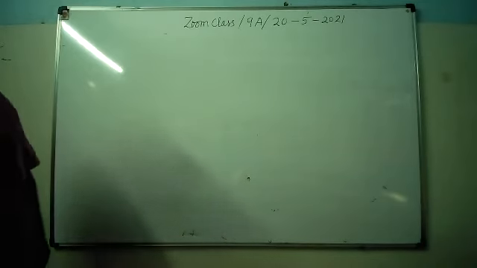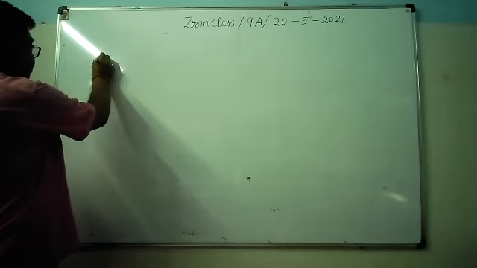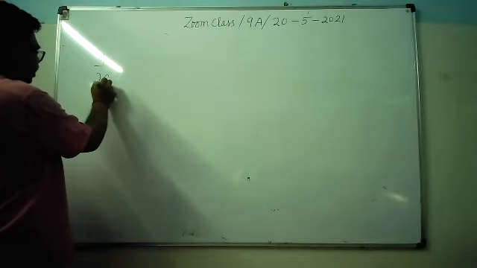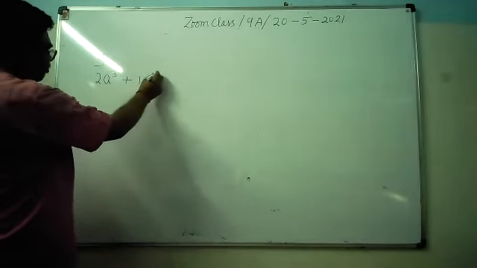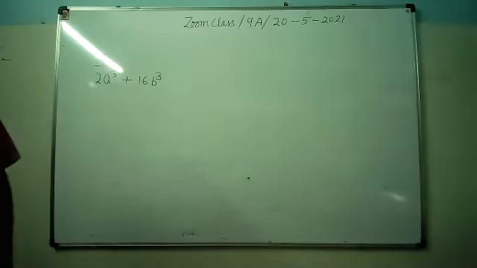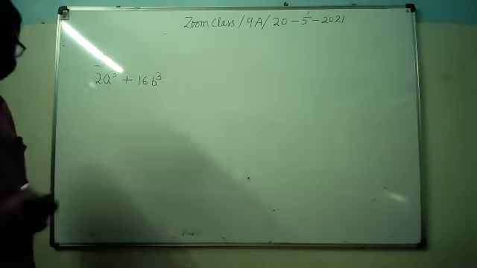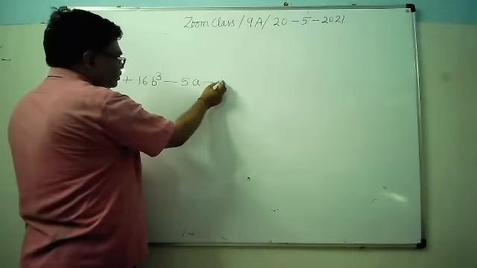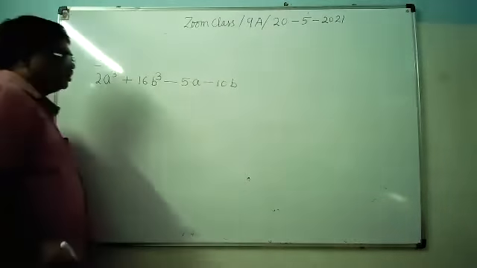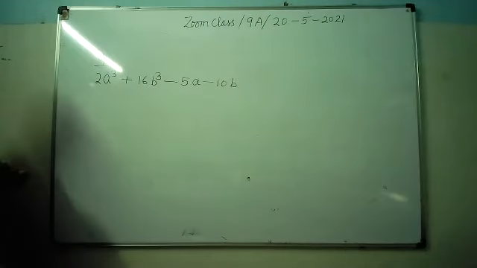Question number 9. 2a cube plus 16b cube minus 5a minus 10b. It's clear?